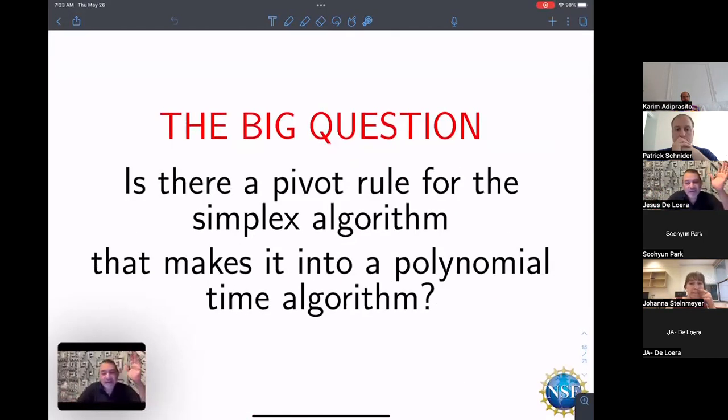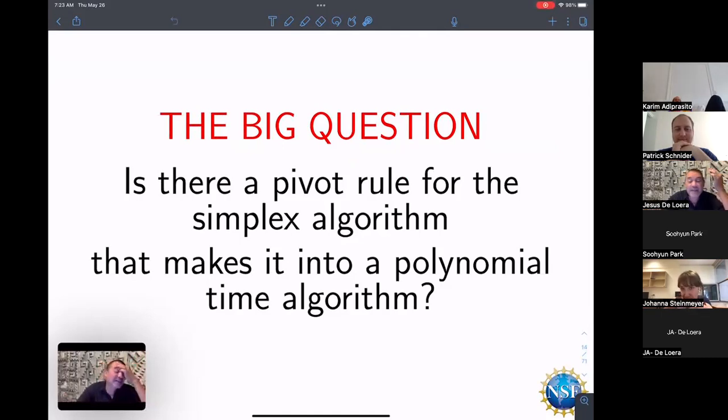Okay, but the big question, and the reason I care about this, is because it has been more than 70 years. And this is the big question. There's $1 million, in fact, for this question's solution. So you can be rich and famous at the same time. If you want to kill two birds at the same time, you can be very happy.